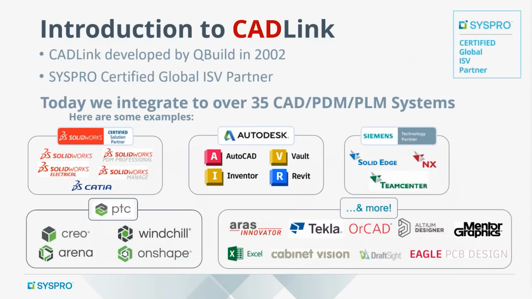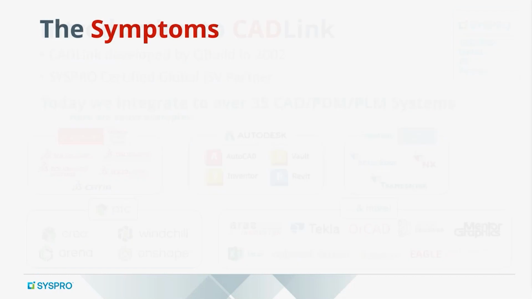Here's some more of those CAD, PDM, and PLM systems that we looked at earlier. And just to reiterate, we're a certified global ISV partner. So CADLink is our solution and SYSPRO's selected solution for running that integration.